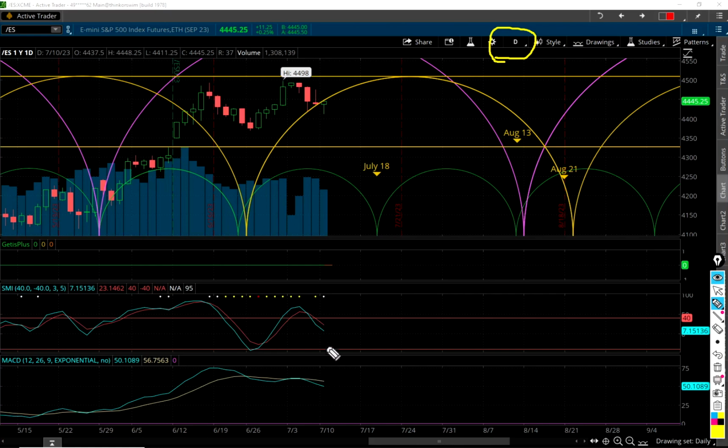Both the MACD here and the Stochastic Momentum Index are suggesting more price decline. So on the daily chart, you can see the cycle low here is for July 18th. Makes sense since the weekly chart is showing the week of July 16th. Makes sense that some date within that week would show up here, right?